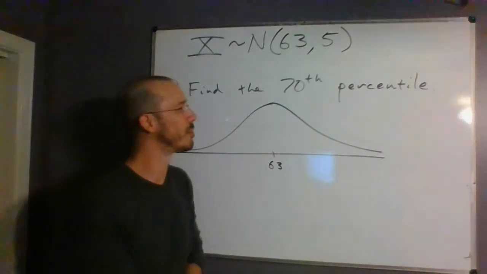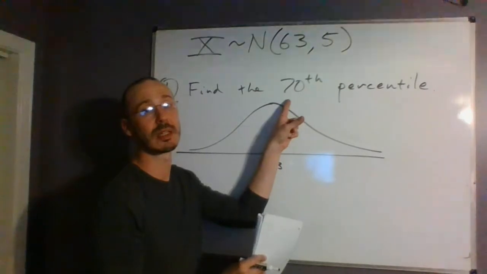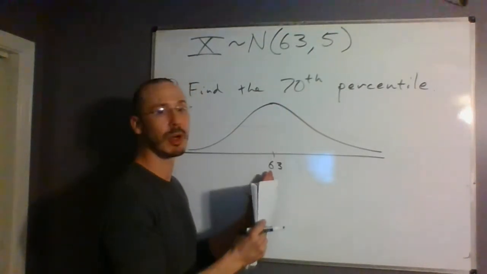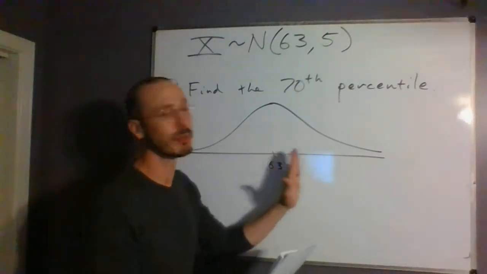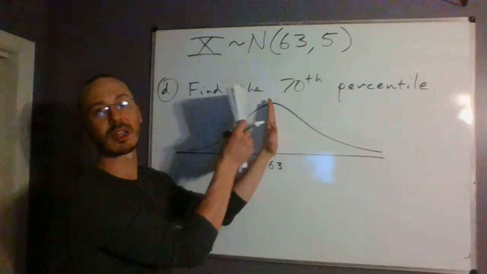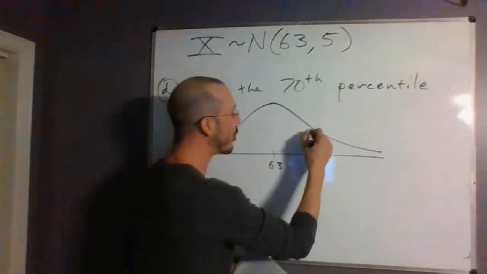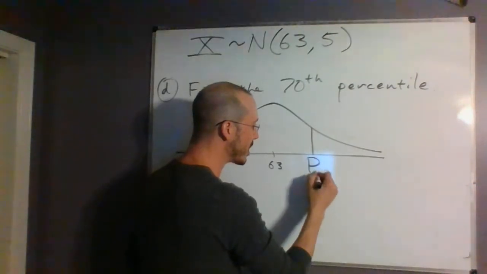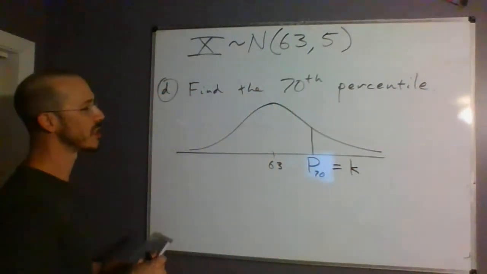That's not really what I'm looking at here, though. I'm not talking about a score of 70. I'm talking about a score where 70% of the area is left of it. And that has to be over here. Here's 50% of the area to the left because it's a symmetric distribution. But over here somewhere is P70, or K for the time being, but it's the 70th percentile.